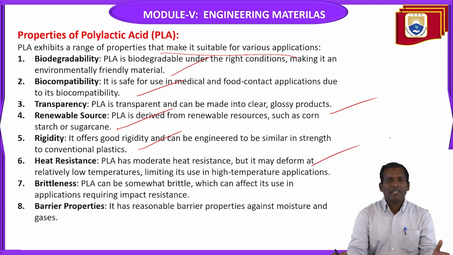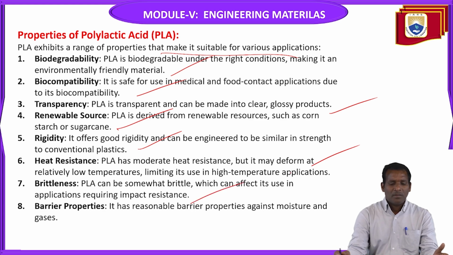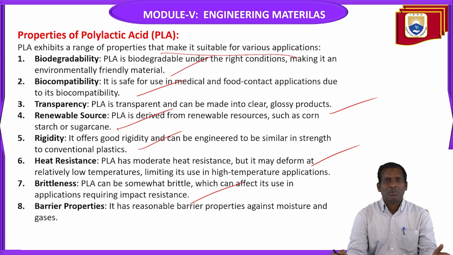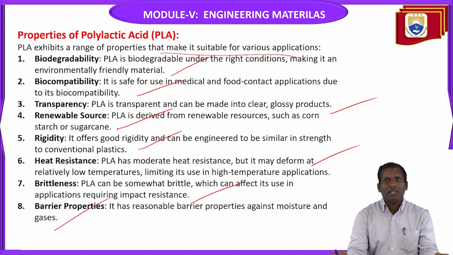PLA has moderate heat resistance, but it may deform at relatively low temperatures, limiting its use in high temperature applications. Brittleness: PLA can be somewhat brittle, which can affect its use in applications requiring impact resistance. Barrier properties: it has reasonable barrier properties against moisture and gases. These are the important properties of polylactic acid.